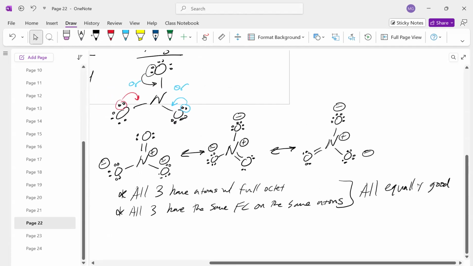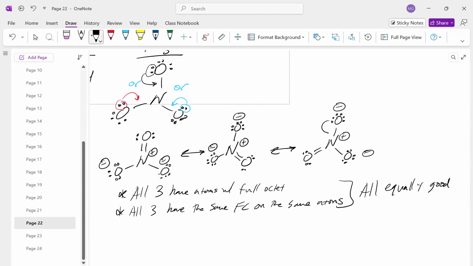Now, there is no way that we can minimize the formal charge. You look at that and say, well, geez, there's like 3 formal charges there. Is there a way to fix that? I mean, what if I made a double bond here, like right there? What would that look like? Can anybody look at that and tell me, or I guess tell yourself, why that is not good at all?